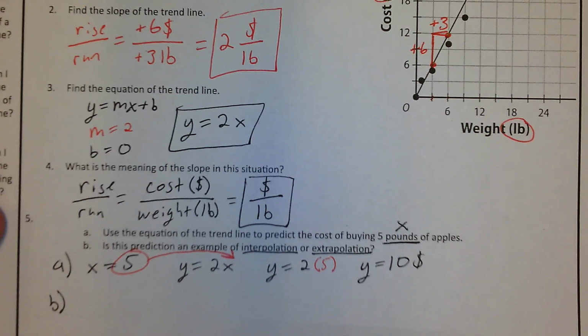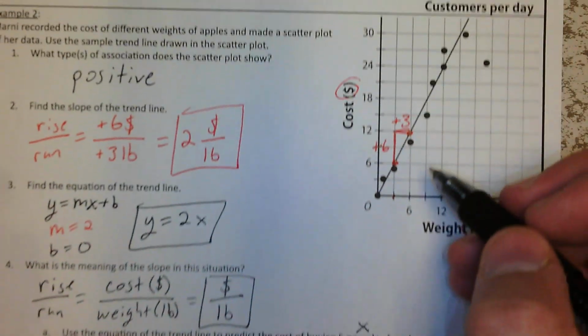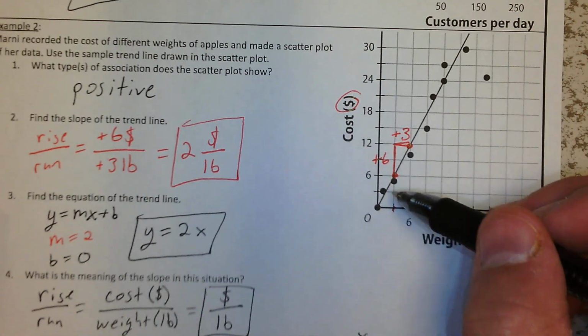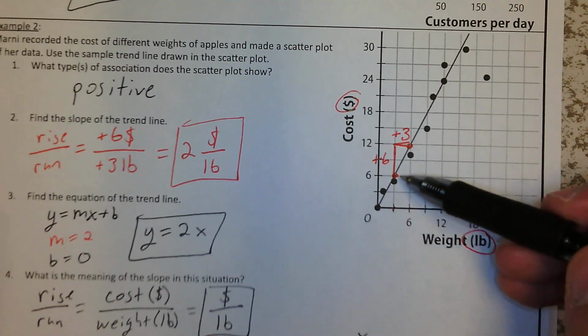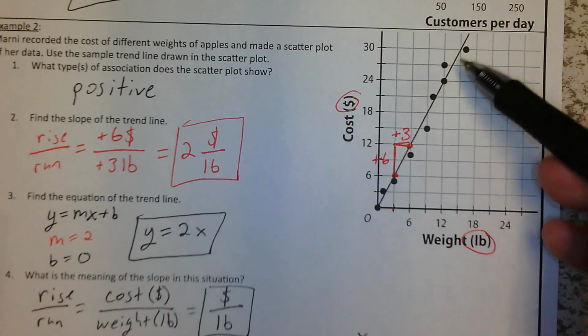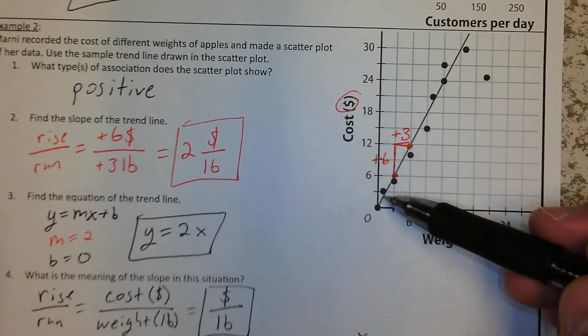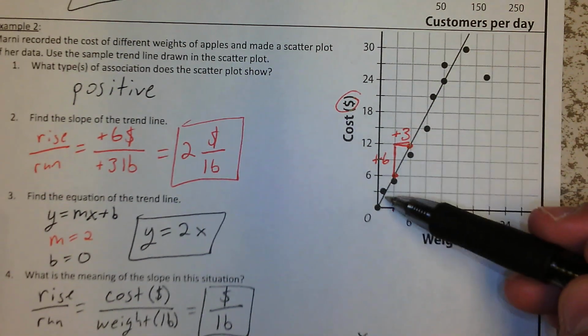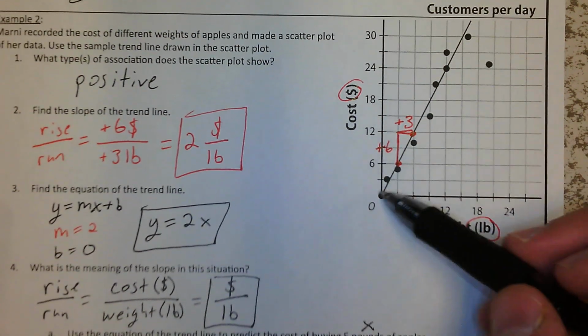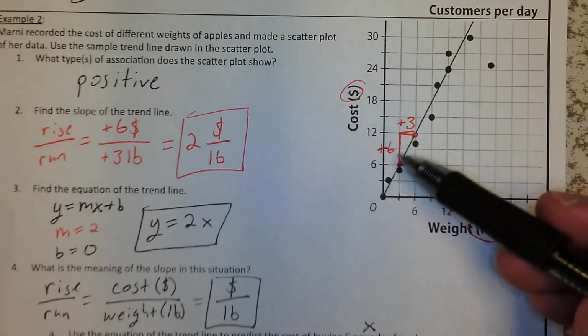Extrapolation means it is a predicted value that falls outside of the data that we already know. Okay, so what we're doing is we're predicting it because if we look at the graph, it's a scatter plot. It does not mean that it's going to be the same every day, but we can use this trend line to predict what we might sell on certain days, or what we might sell per pound, but it's not a guaranteed every single time.